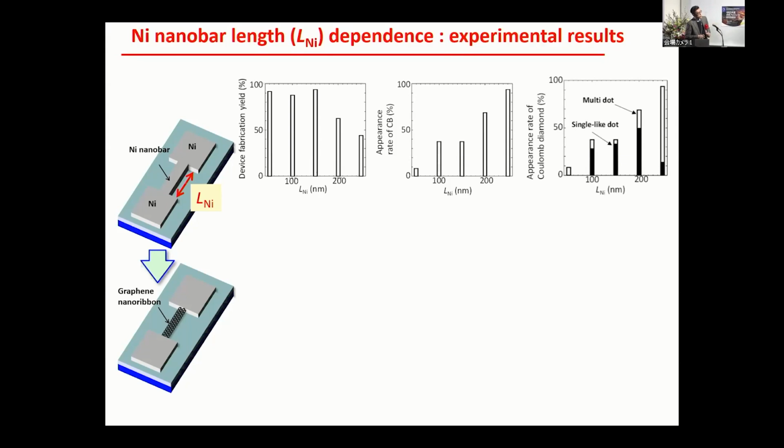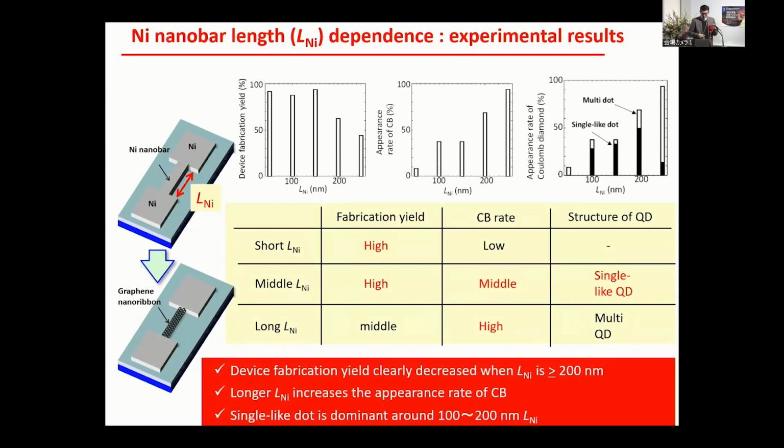Under the best condition, when we carefully measure the Coulomb diamond properties, also explained later, if the length is quite long, most of the Coulomb diamonds become much dot-like shapes. But between 100 and 200 nanometer length, most of the quantum dots show single or few dot-like features. So this shows that the initial nickel nanowire length is very critical to change from 1D to 0D, as we expected.